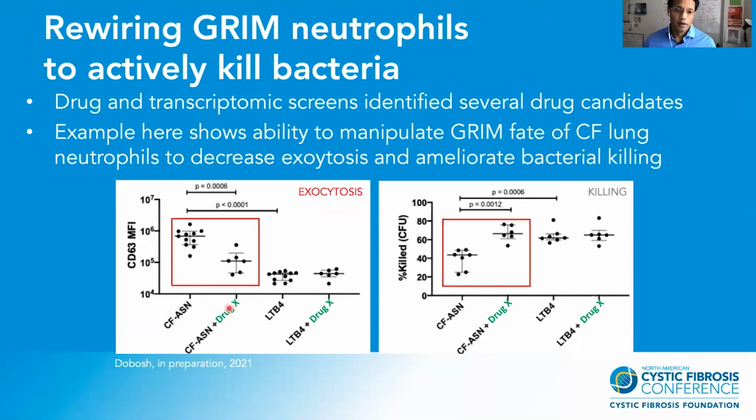Here is one of the drugs that we found, drug X. I cannot disclose it so far, but suffice it to say that in our system, this drug can promote decreased exocytosis of the primary granules that contain elastase and myeloperoxidase by the green neutrophils. That drug can also promote the killing of bacteria to the level of the control, healthy lung neutrophils.